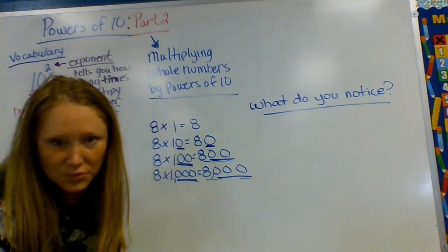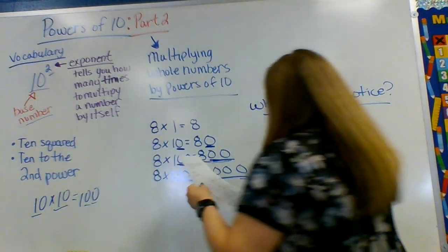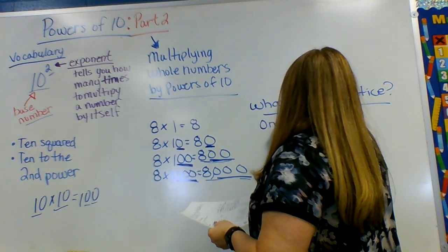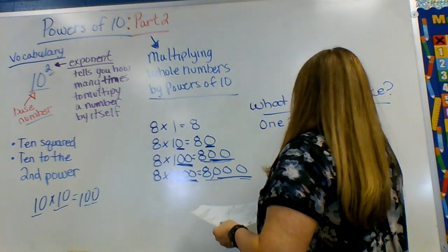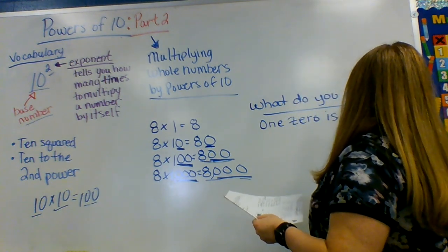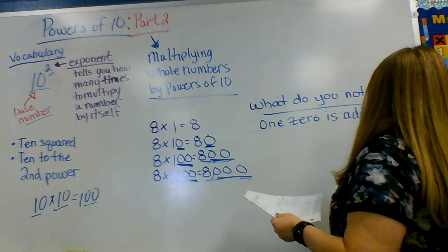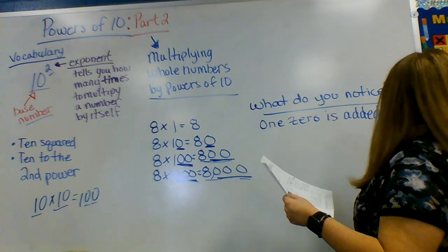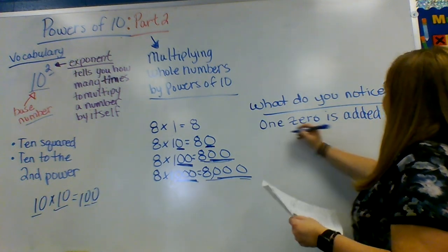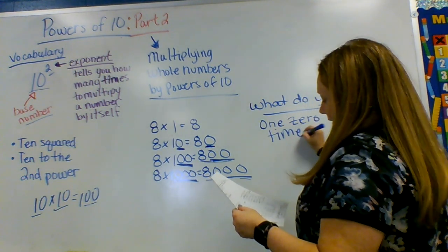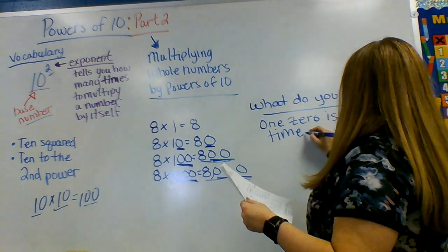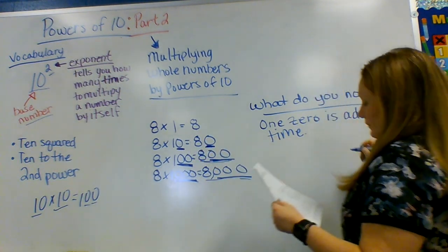Okay, so here's what we're going to write for what do you notice. We're going to have 1 zero is added each time when we do our problem, okay?